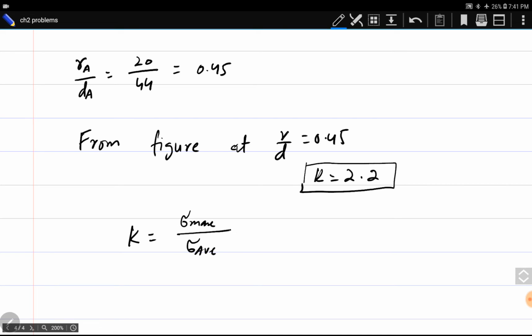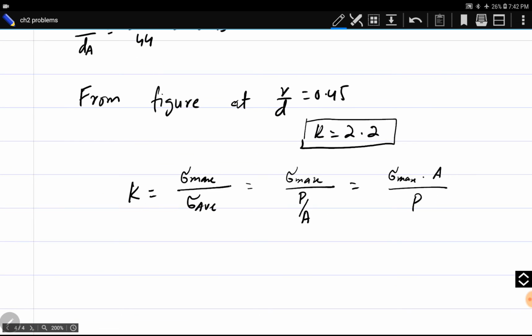It means sigma maximum is actually given in the problem. It is 125 megapascal, and sigma average is equal to load over area, or it can be written as sigma maximum into area divided by load.